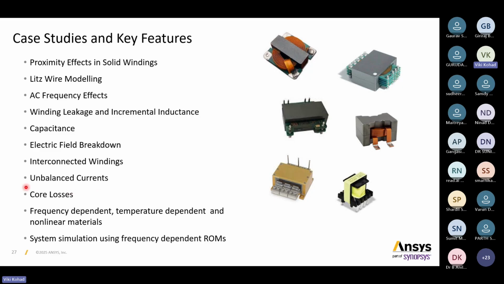Then you can find out the core losses. The core losses depend basically upon the materials. So for your core, if it is a steel material or a power ferrite material, you have to select the core loss models. Basically it depends upon the temperature as well as the frequency. You can simulate your non-linear core model with different frequencies or different temperatures.